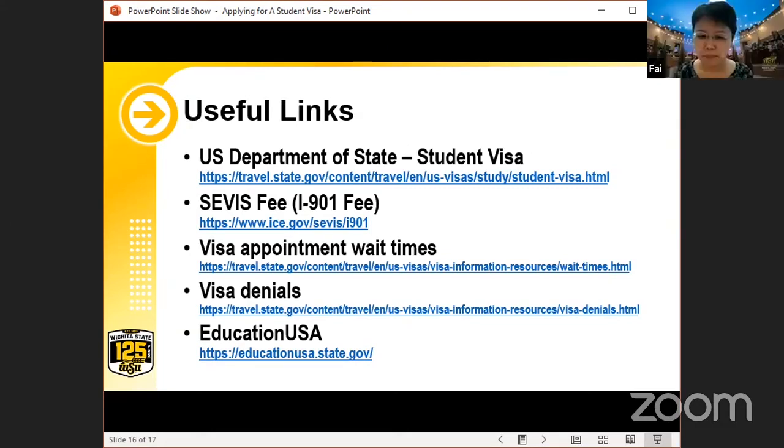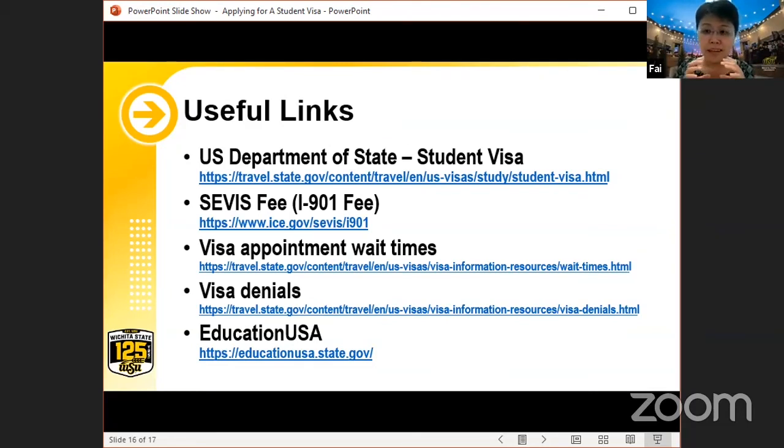Okay. So they're asking if the visa is linked to the university or if they could change schools later on. Yes. Like I mentioned, if you receive an offer from 2 different schools or even 3, you have to decide which one you want to go to in the US, and then you use that school's I-20 to apply for a visa.